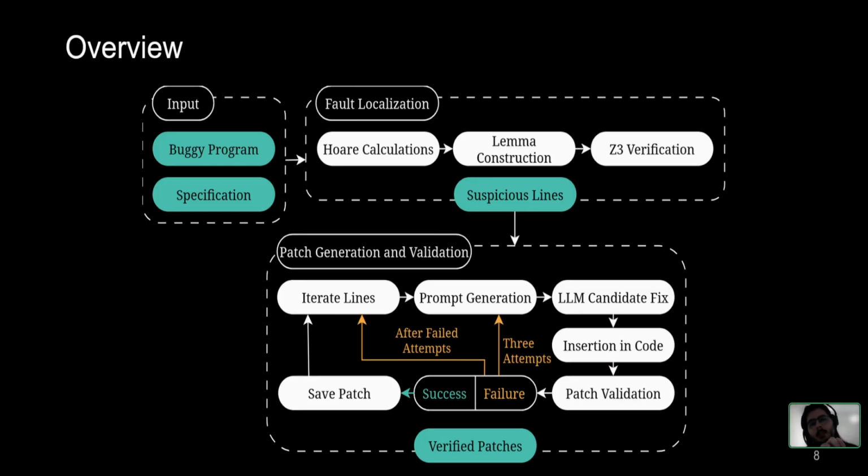And then we insert the answer back into the program for re-verification. The cycle repeats until either a verified patch is found, so a patch that causes the program to be verified, or all attempts fail. And for each suspicious line, we allow the LLM 3 attempts to fix it.